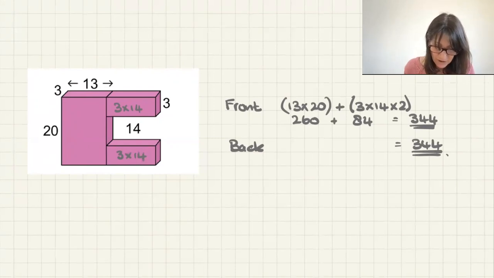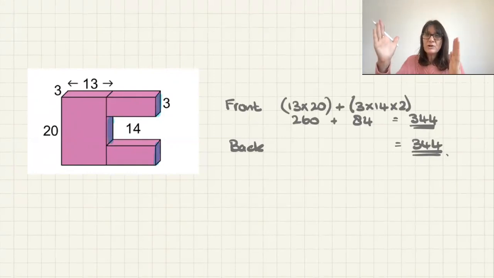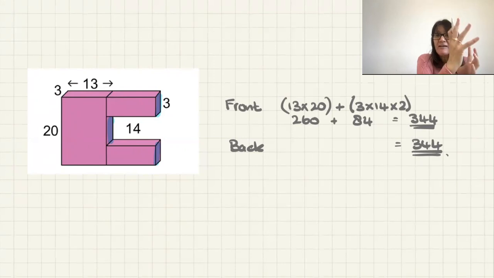Now, if I look at the side of this shape, I can use the shortcut. I can see that there and that there and that there, if they came together and then got squashed all the way to the back wall, they're all going to sit on each other. So that's perfect. So I'm going to make the most of that. This part here, I can see is 3 times 20.